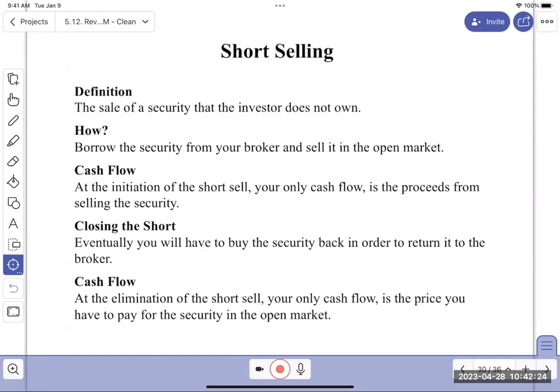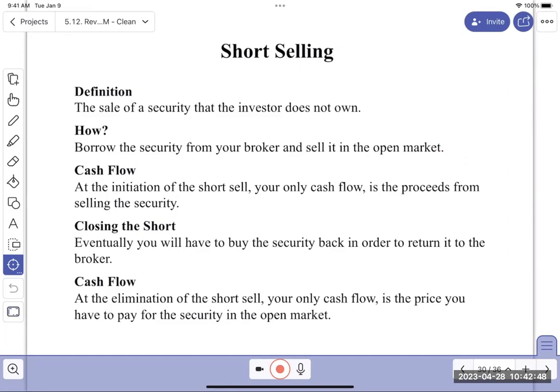What is short selling? Short selling is borrowing an asset from a broker. So you won't own the asset, but you're going to borrow it and sell it in the market and use the proceeds for investing.